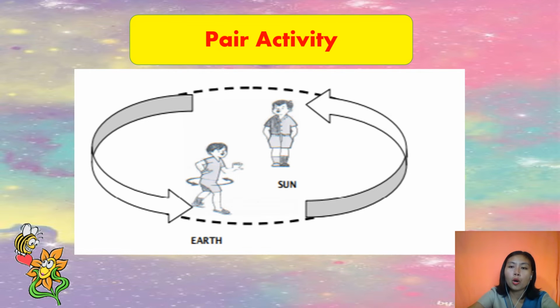Then as you rotate, walk along the circle or orbit around your mother or your sister, which is the sun, and you are going to rotate and revolve at the same time. So did you get the direction? Okay, that's great.